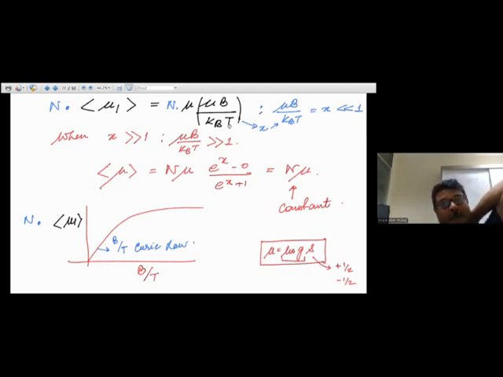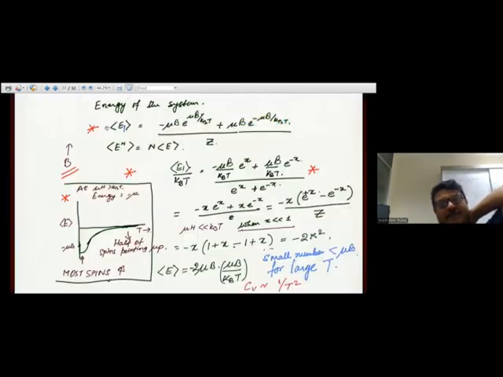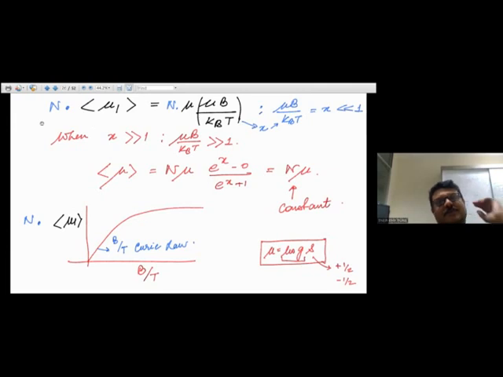This is the magnetic moment, and capital M if you're talking about magnetization. Taking a derivative with respect to B, chi, which was del M del B, the Curie law, chi goes as 1 by T. Here you see its value is n mu squared by kBT.